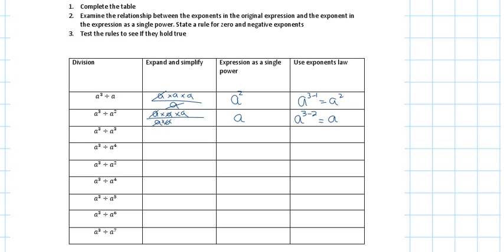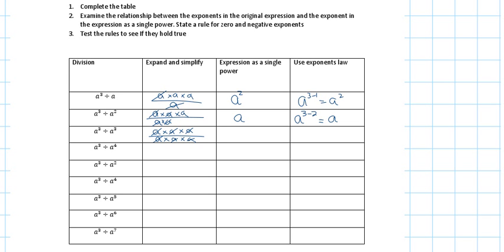Now, a to the power of 3 divided by a to the power of 3. So a times a times a over a times a times a. Simplify, simplify, simplify. What are you left with? If I have 3 chocolate bars and I'm dividing them among 3 people, you each get 1.